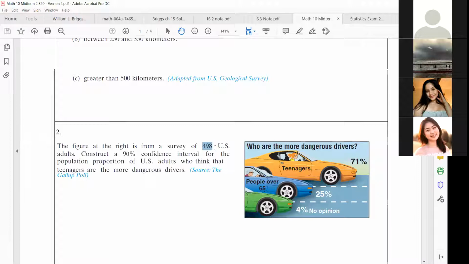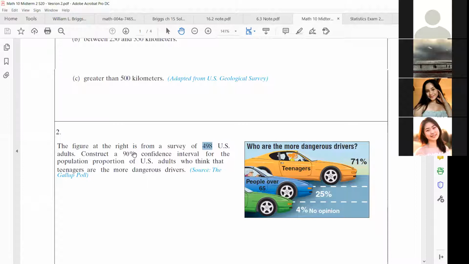And sample size, excellent. Very good. Question 2, the sample size is given to you, which is 498. Question says, construct a 90% confidence interval.